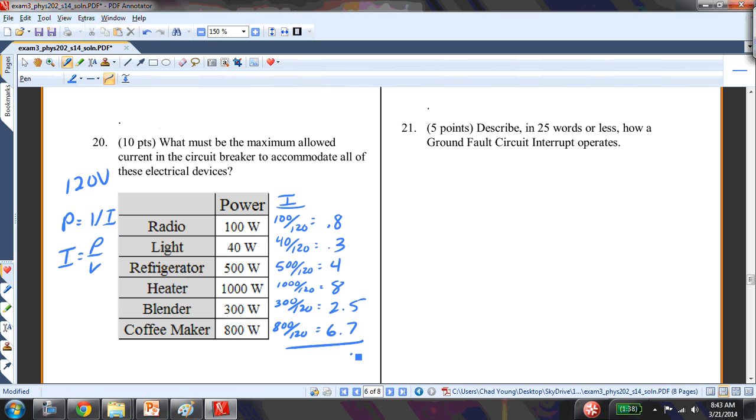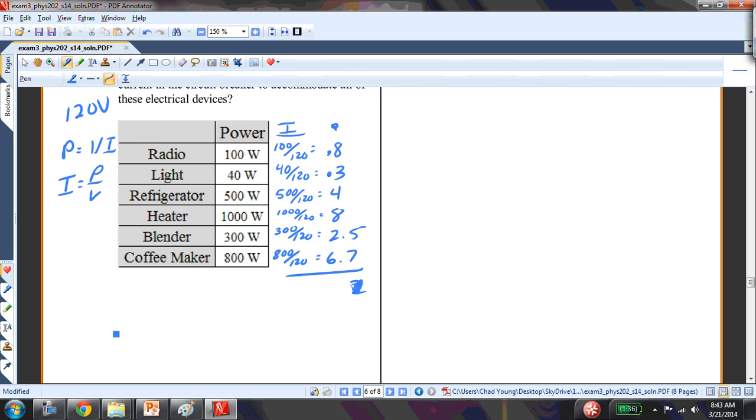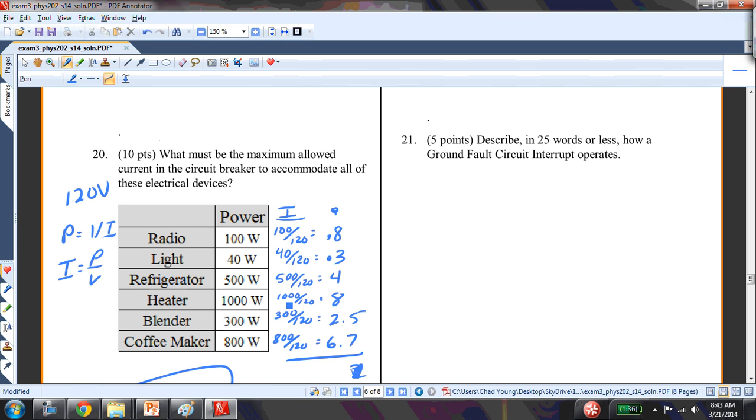Well, let me just do it in my calculator. Okay, so 0.8, 0.3, 4, 8, 2.5, 6.7. I get 22.3. If I add up all these currents, 22.3 amps, or 22 amps. So you need a circuit breaker that was about 25 amps or so.